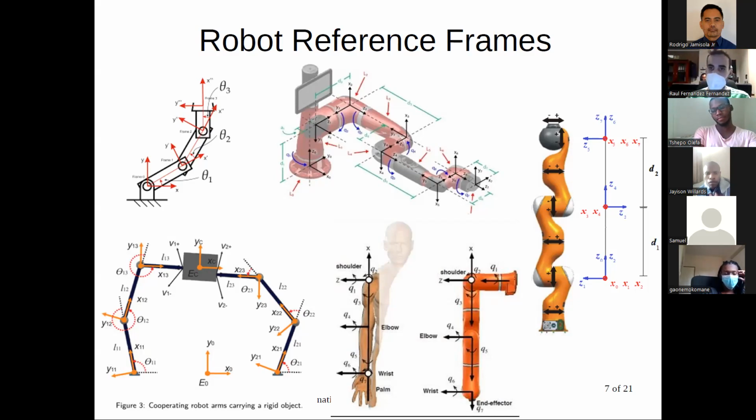There are robots that are simpler, but there are robots that can be way more complex with a lot of reference points, even with more than one connection to the ground. So this robot will be attached to the ground here and here, and so on. Even for this robot, there is only one reference point that we use to define the movements of the robot.